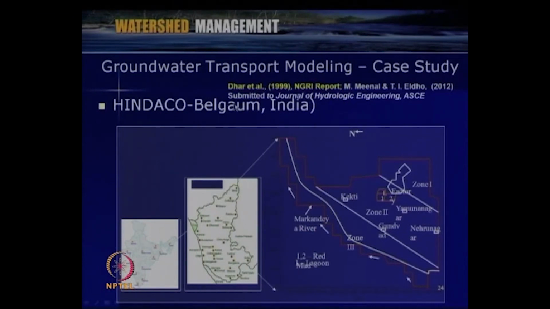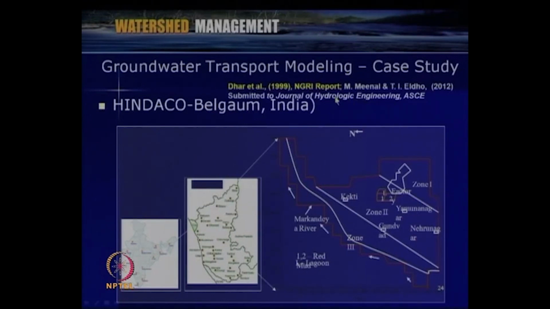The case study is Hindalco in the Belgaum area. So, this is the aquifer system, the domain area. This area was modeled by one of my students, Meenal, using the mesh free model which she has developed.